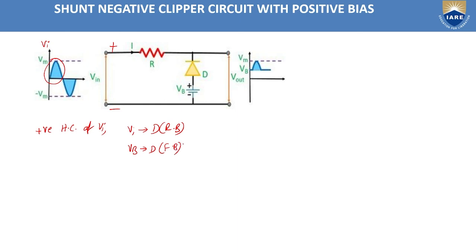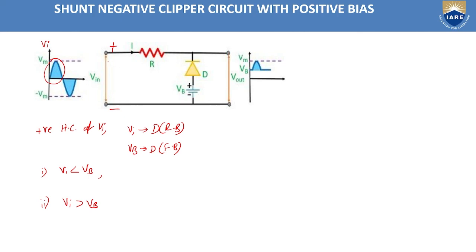So some voltage is making the diode forward biased, but the input voltage is making the diode reverse biased. So I'll go with input voltage less than the battery voltage, what will happen? And if my input voltage is greater than the battery voltage, what will happen?